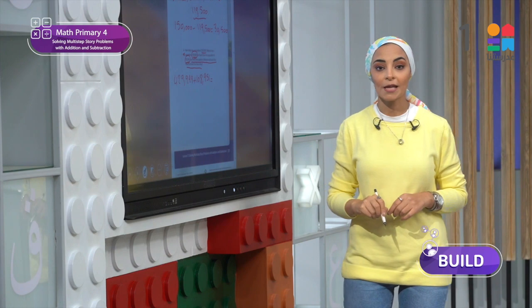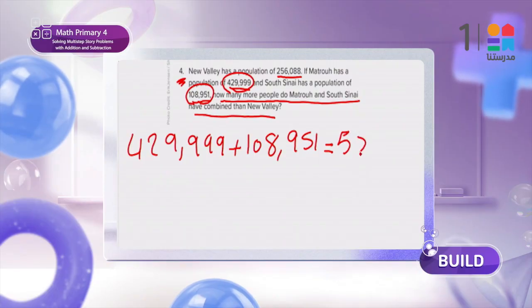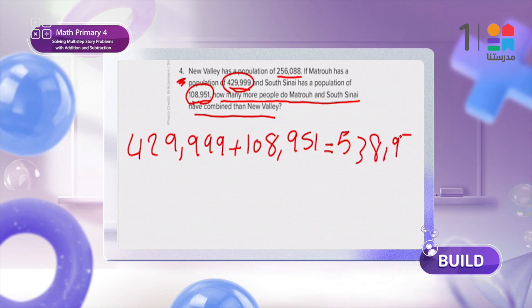Who can tell me what the answer will be? Yes, of course, the answer will be 538,950. Now we will use subtraction to answer the question, how many more people?